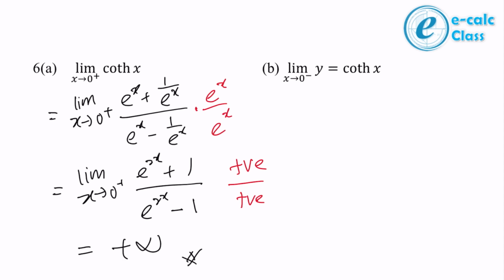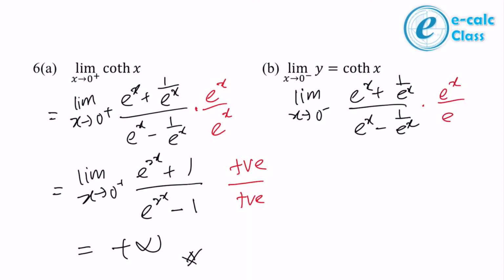Then this time you are approaching from the left. It's actually the exact same approach. e to the x plus 1 over e to the x minus 1, then you multiply top and bottom by e to the x. Now you have the limit as x approaches 0 from the left of e to the 2x plus 1 over e to the 2x minus 1.